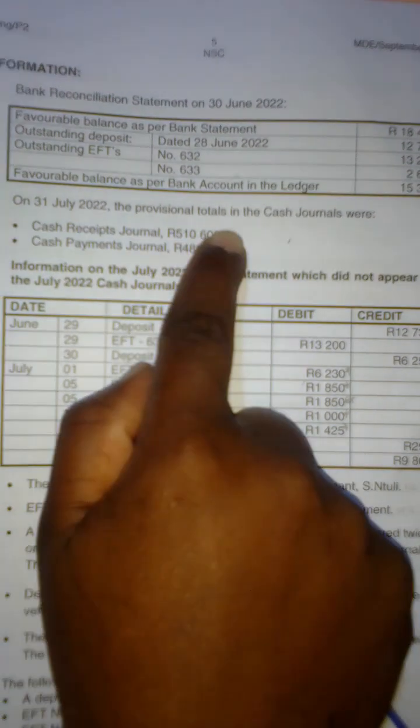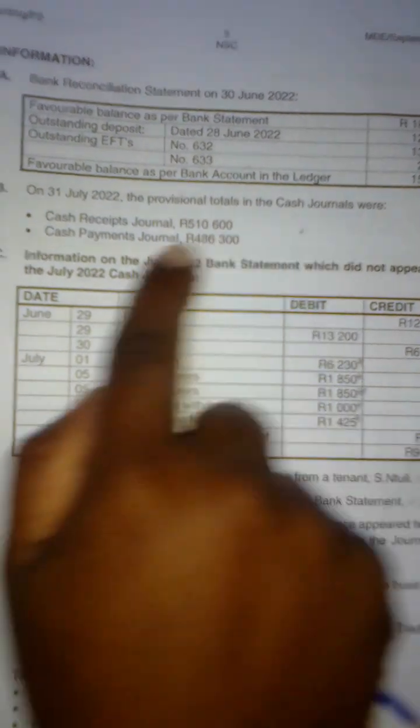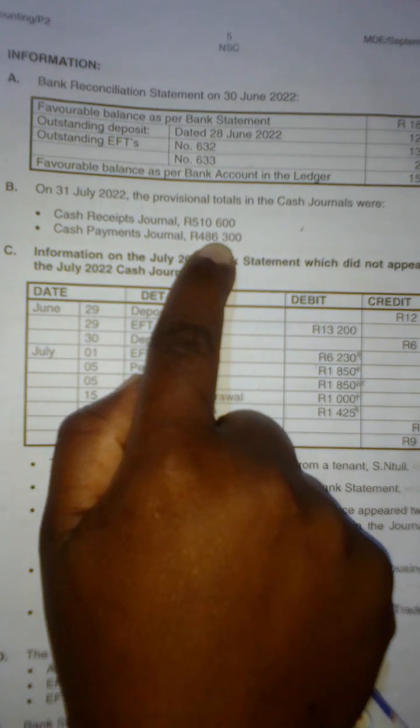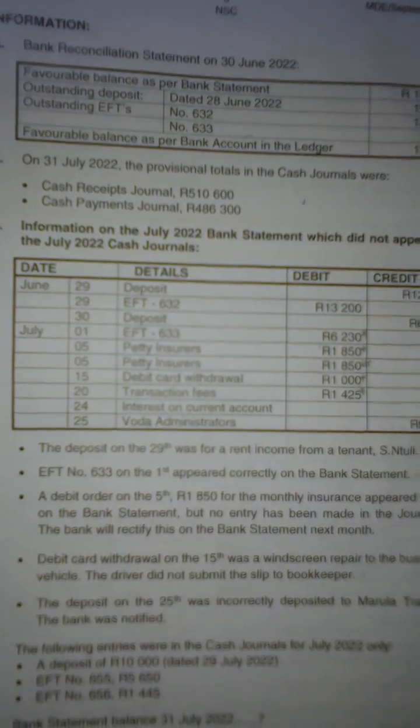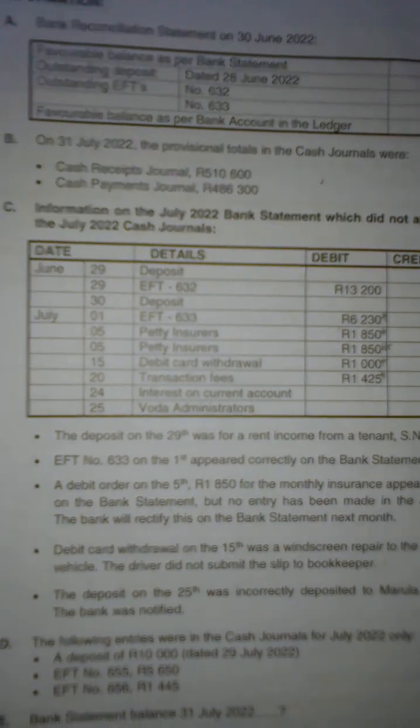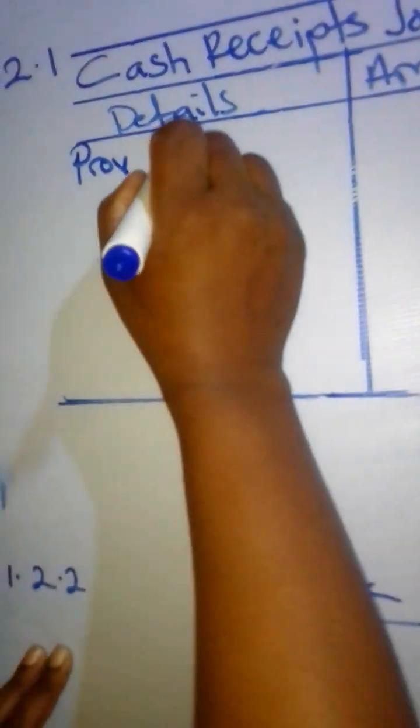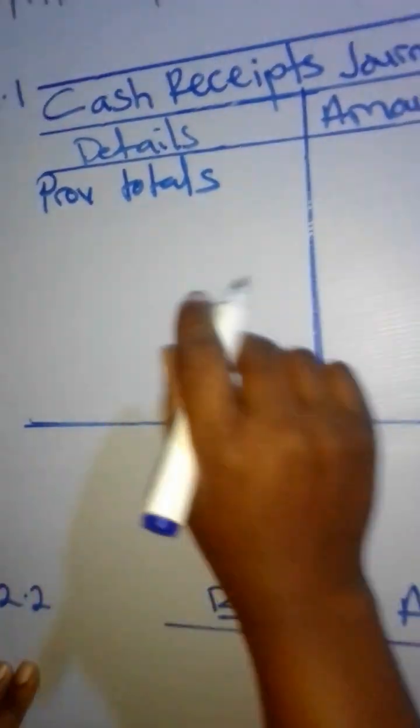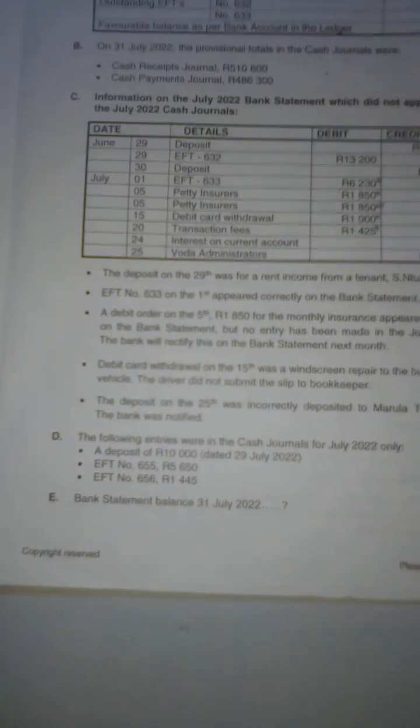If we go to information number B, on 31 July 2022, the provisional totals in the cash journals were: the cash receipt journal is 510,600. I can indicate here provisional totals in the CRJ is 510,600.